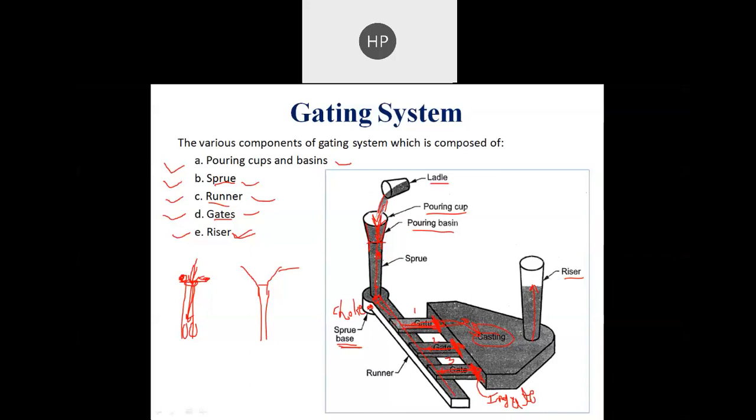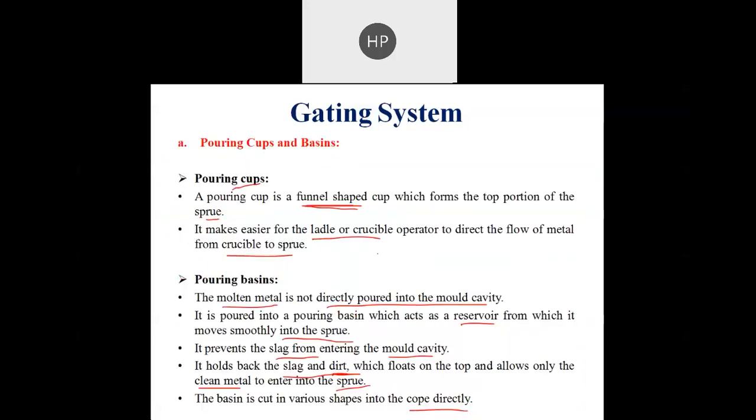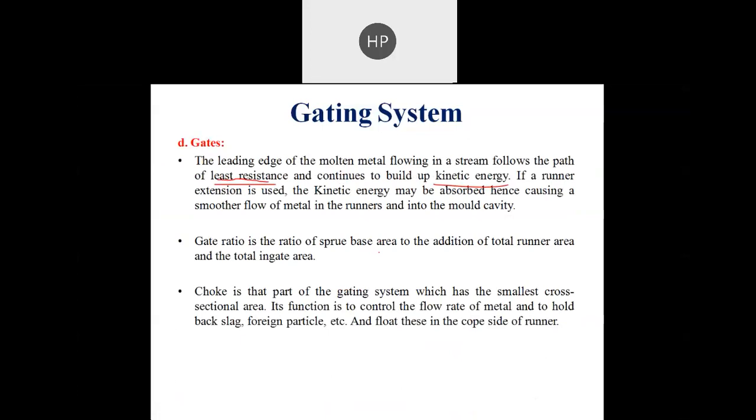If it has a low resistance, then it will have a higher kinetic energy, and if it has a higher kinetic energy, then it will be able to reach up to this casting. Okay, so that is important, that the molten metal which is entering that cavity should have the least resistance, a minimum resistance, so that it can build up maximum kinetic energy.